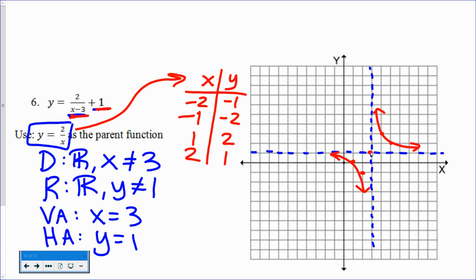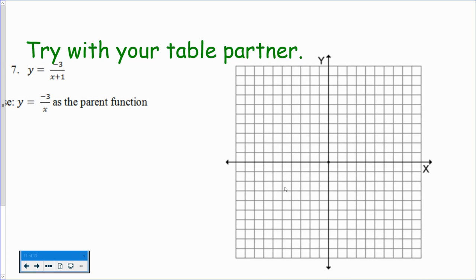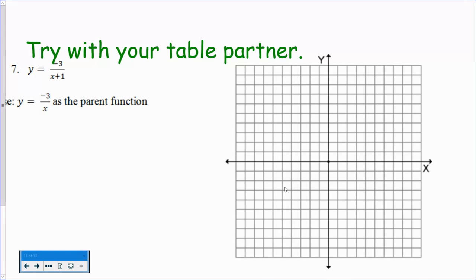Okay, that last problem on here, if you want to look at that, you certainly can. What's going to happen with this one, I can do it real quick. So I have x cannot be -1, y cannot be 0.